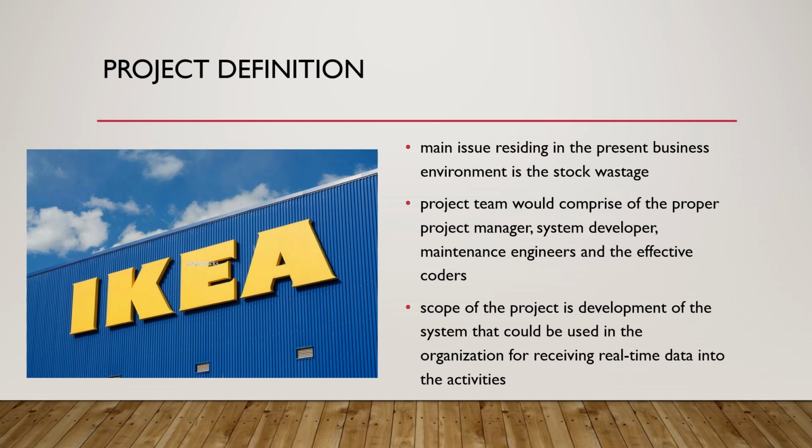The project team would comprise a proper project manager, system developer, maintenance engineers, and effective coders. The scope of the project is the development of a system that could be used in the organization for receiving real-time data into the activities.